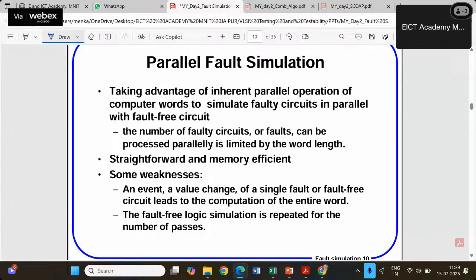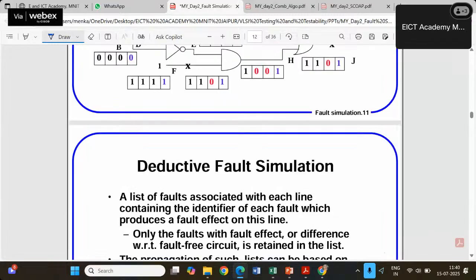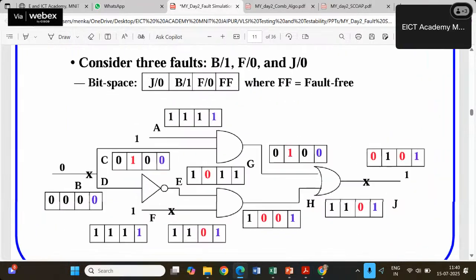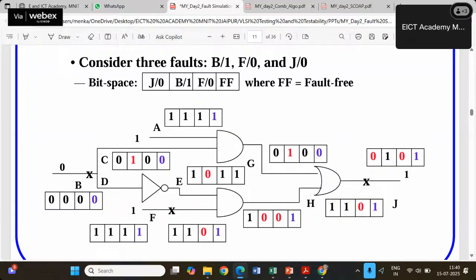So in the serial fault simulation, for example, let's assume this is a circuit. In this circuit, I want to detect 3 faults with the help of the serial fault simulation technique.